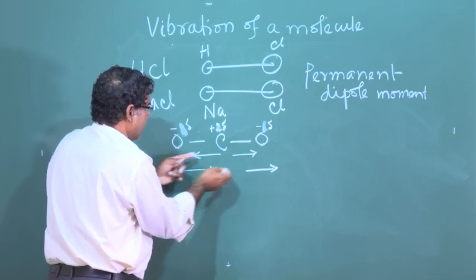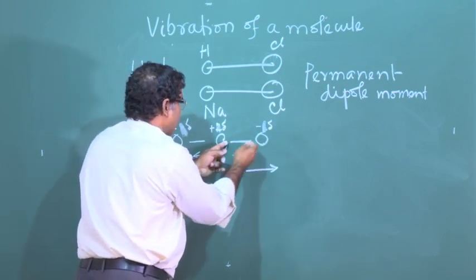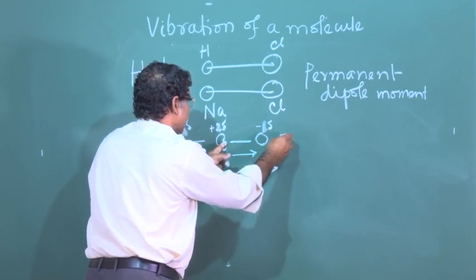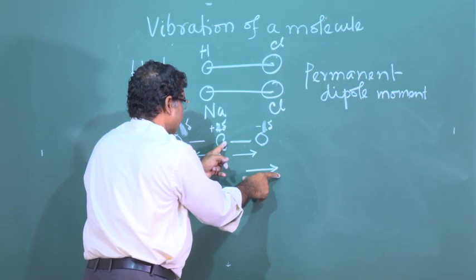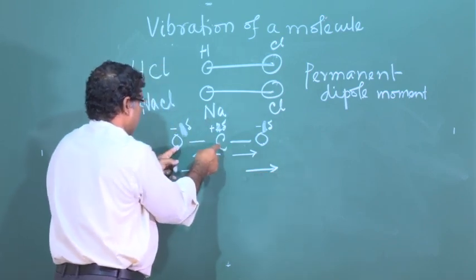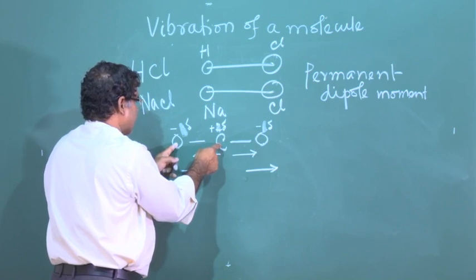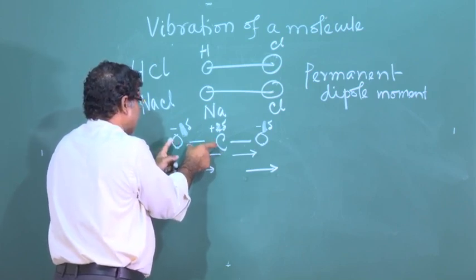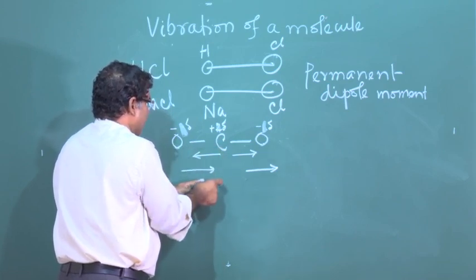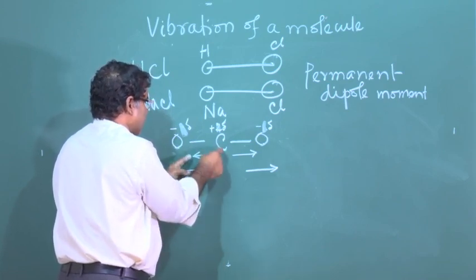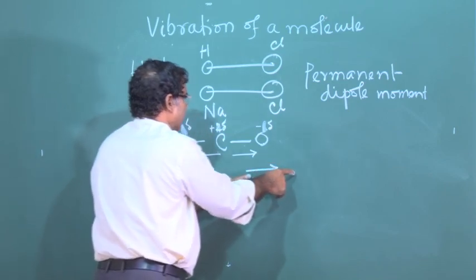So, what is happening in this case: it is going this side, so the length is increased, so the dipole moment will increase. And in this case, the distance is decreasing as it goes this side, so its dipole moment will be smaller. This side dipole moment is smaller, this side dipole moment is higher.